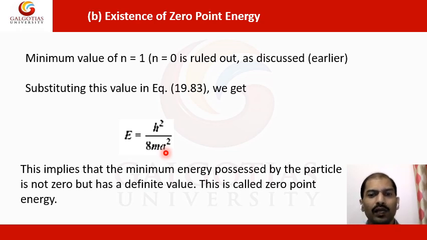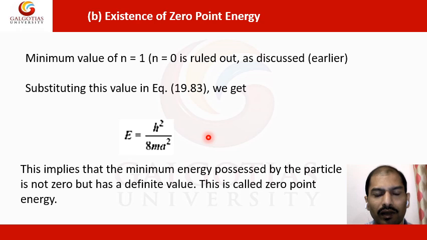Here, zero point energy does not mean you put the value 0 in place of n. It means the ground state, as we discussed earlier in the Bohr model. If you put n equal to 0, then the whole value comes to 0, so that is not taken.